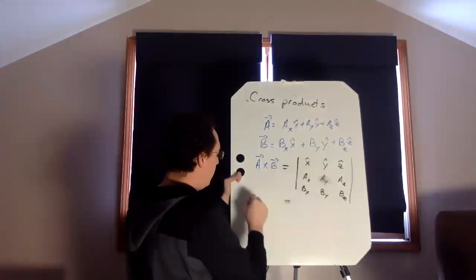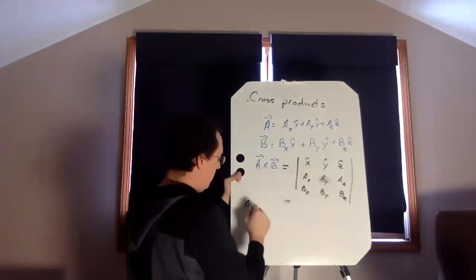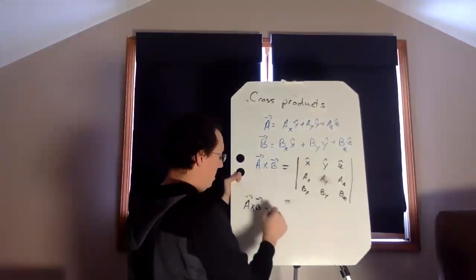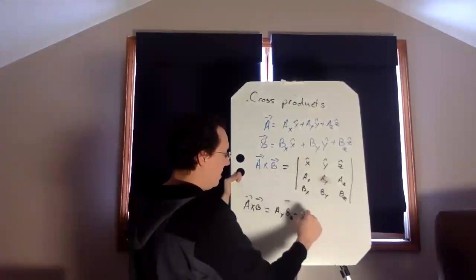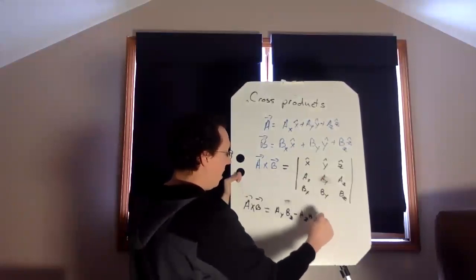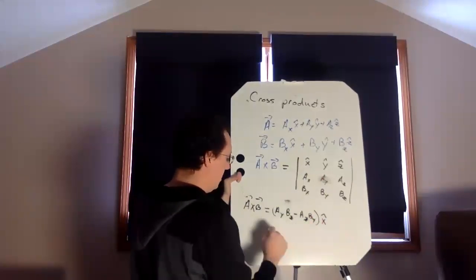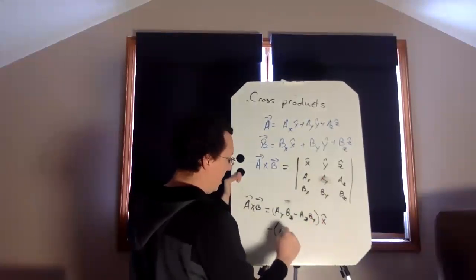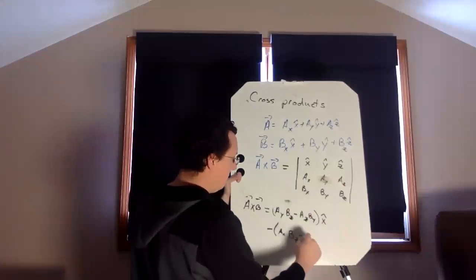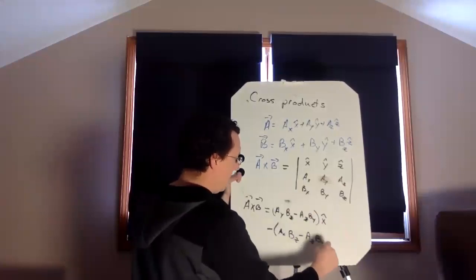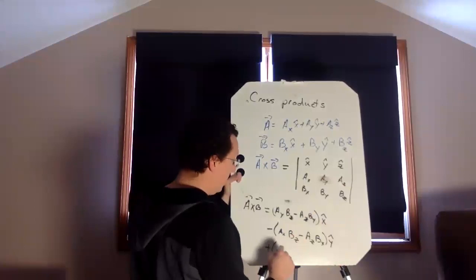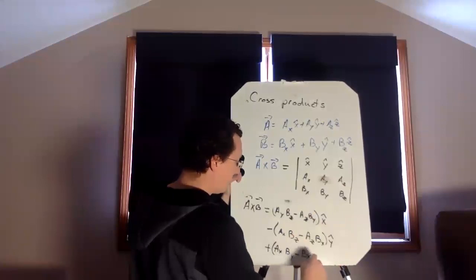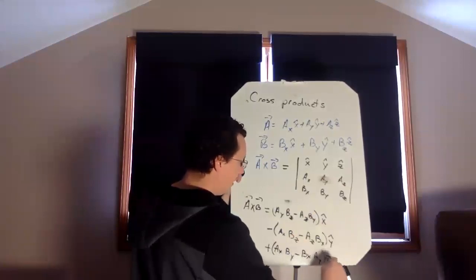All right, and so you go through this and we learn that in general, A cross B equals (Ay Bz minus Az By) x hat minus (Ax Bz minus Az Bx) y hat plus (Ax By minus Bx Ay) z hat.